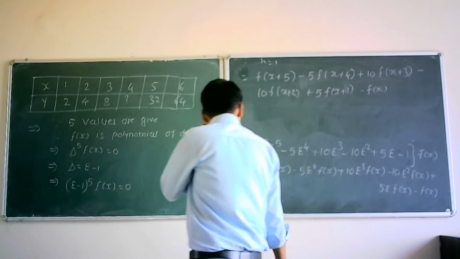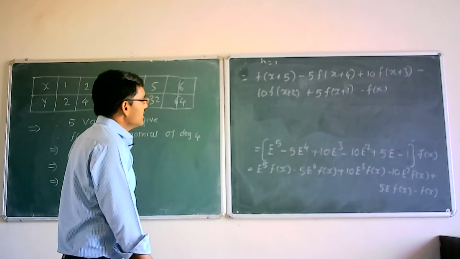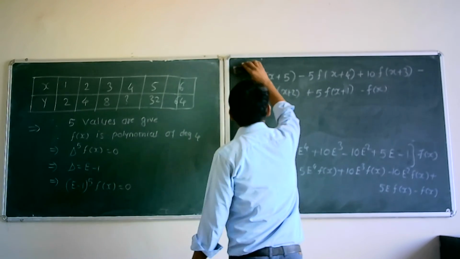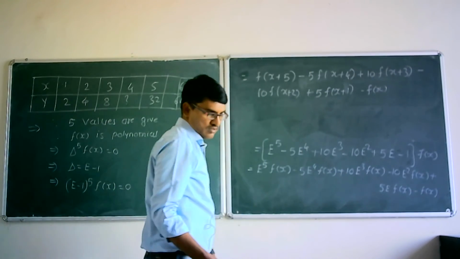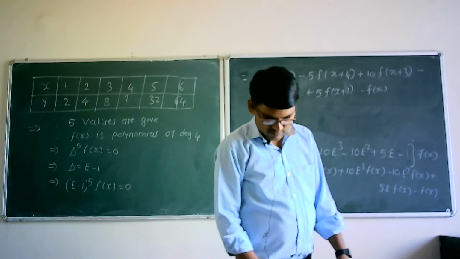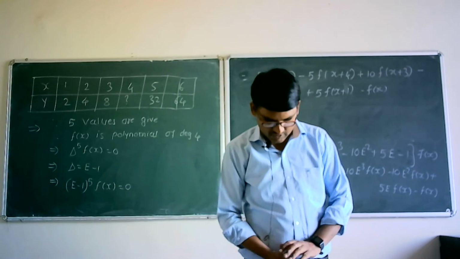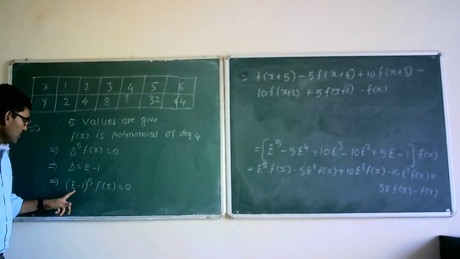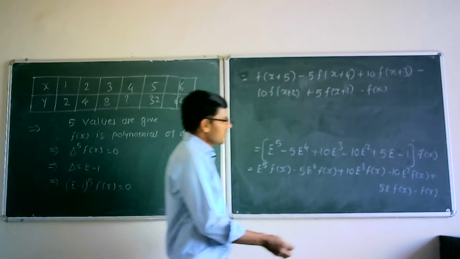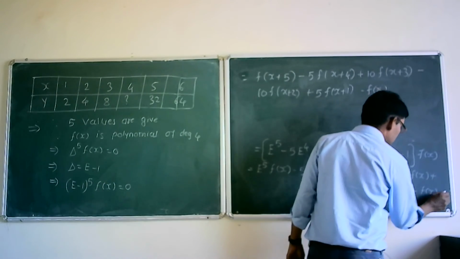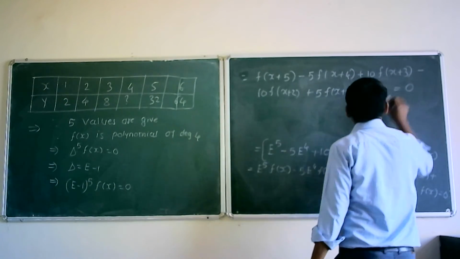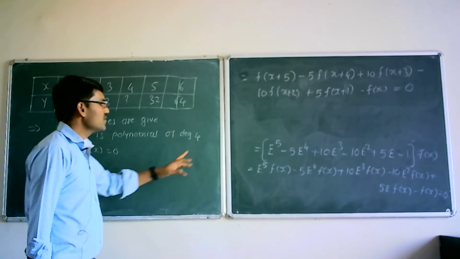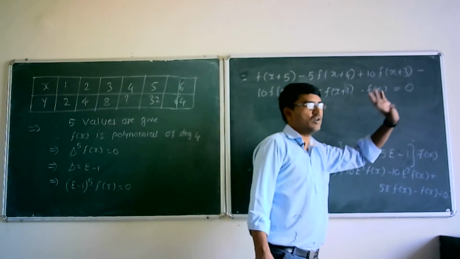Since the fifth difference is 0, the right hand side is equal to 0.